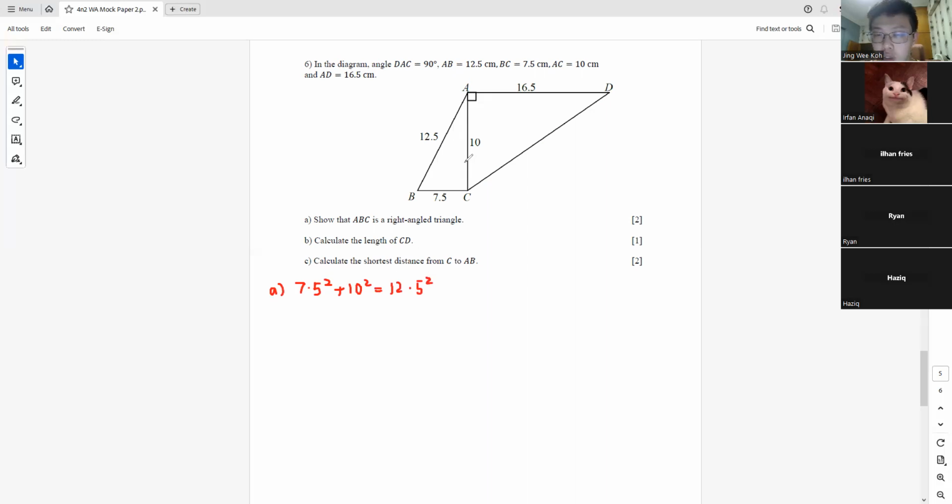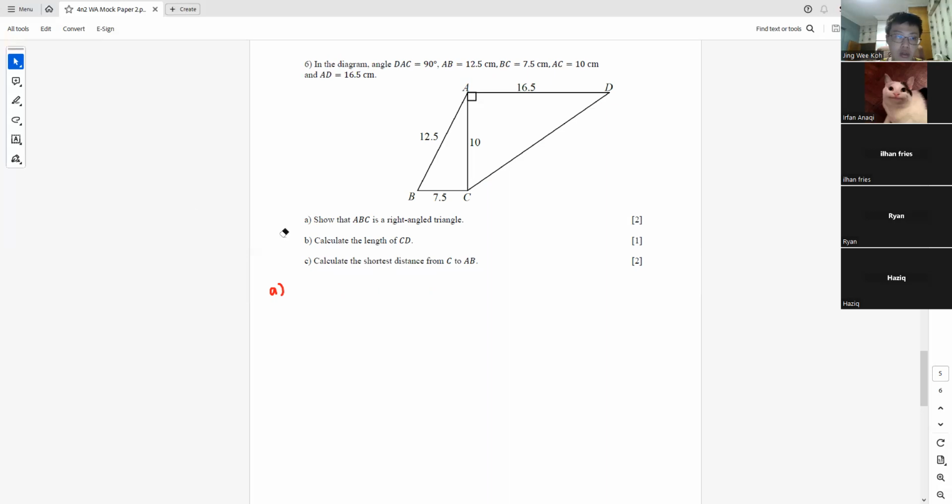Because you cannot apply that. You don't know it's 90 degrees, so you cannot say this statement. This statement is wrong because you cannot apply Pythagoras theorem.